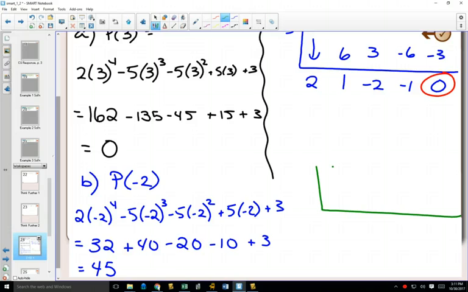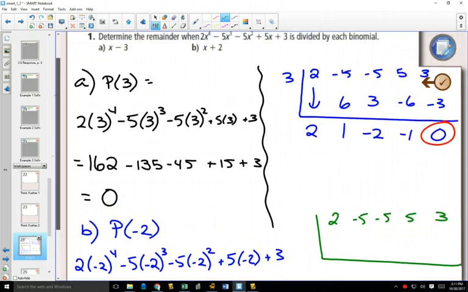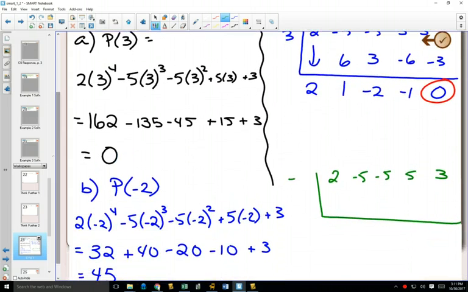So we had 2, negative 5, 5, 3. We're dividing by x plus 2, so negative 2 would come out here. And bring down.